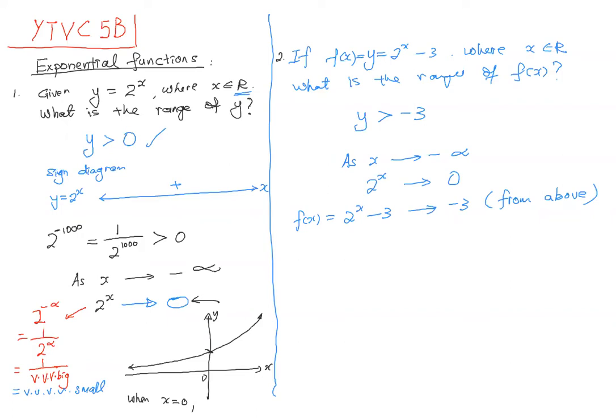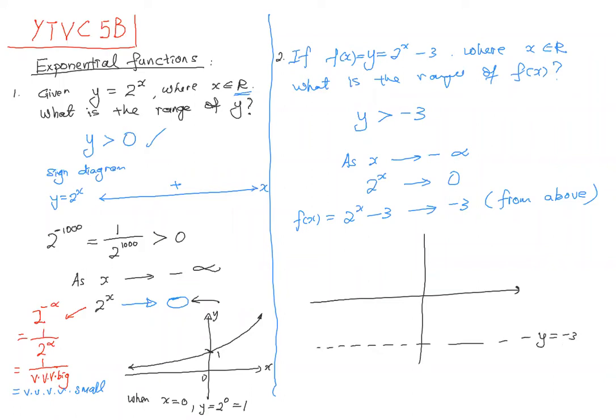One, is it? Yeah. 2 to the power of 0, anything to the power of 0 is 1. All right? Okay. So for the second one, if you key into the calculator, you got your graph. You have your horizontal asymptote here, y equal to -3.